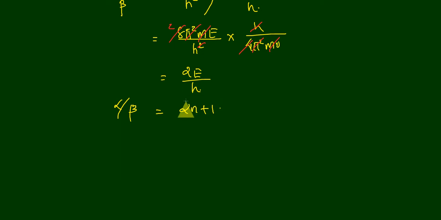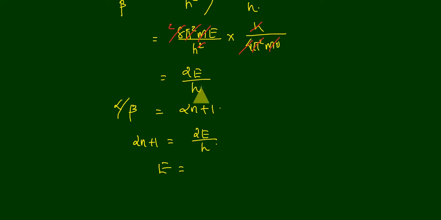So it means that 2n plus 1 is equal to 2E divided by h, and from this one E is equal to, what is E? 2n plus 1 into h divided by, okay, we have a nu here also.